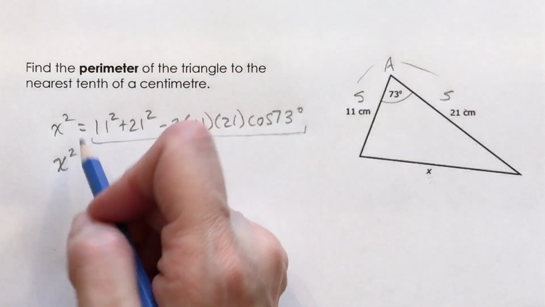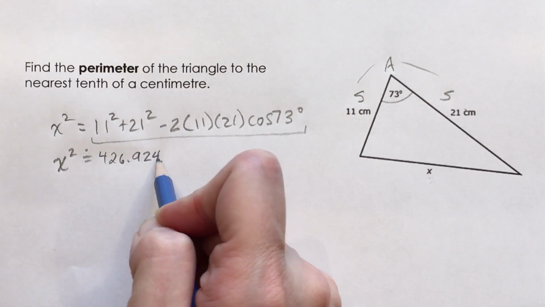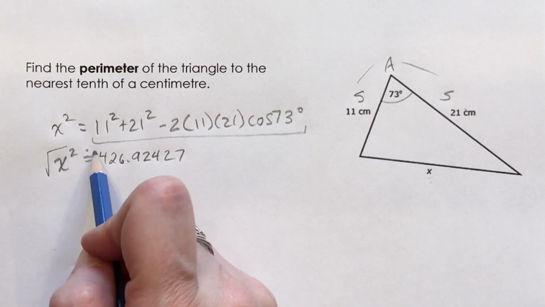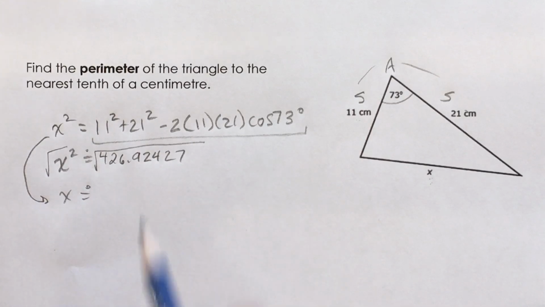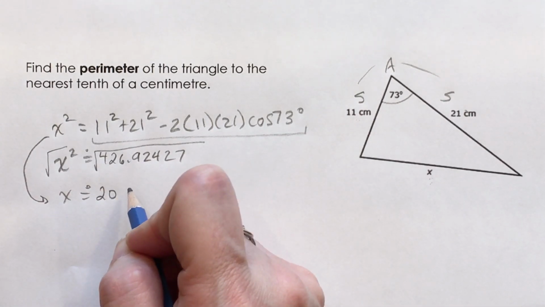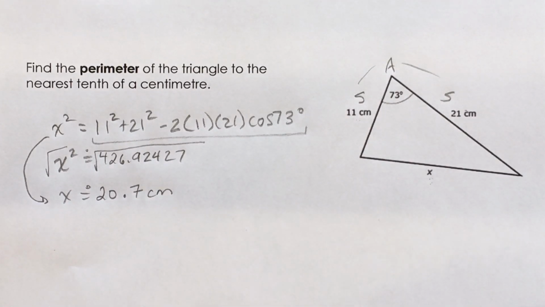And I got approximately 426.92427. And then I want to square root that. And again, you can go straight from here to here if you are able to with your calculator. Take the square root and you get approximately 20.66, so 20.7 centimeters. But that's not the perimeter.